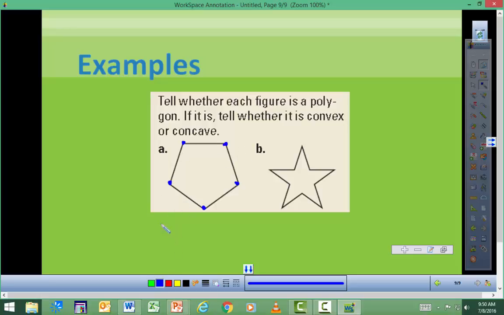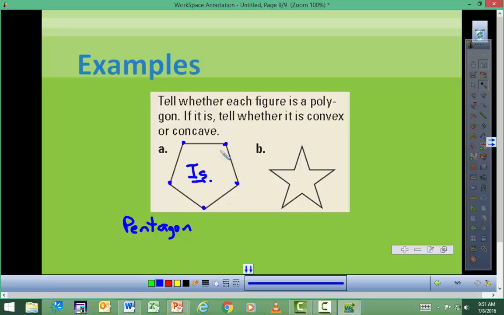It has 5, so we would say it's a pentagon. We weren't asked to necessarily name it by the number of sides. We were asked whether it is a polygon, so we're going to say it is.